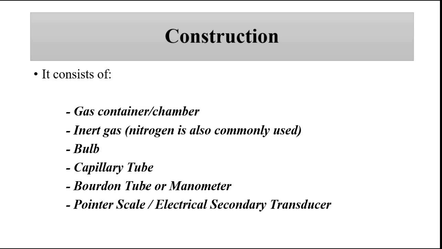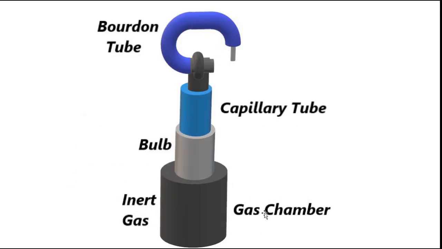We have discussed a lot of pressure sensors in sensors and transducers, diaphragm, membrane, but most commonly we have a U-tube kind of manometer or a Bourdon tube. And then we have the pointer scale arrangement or a secondary electrical transducer. It looks something like this. So we have the gas chamber where the inert gas is present, then the bulb, the capillary tube, and the pressure measurement device.